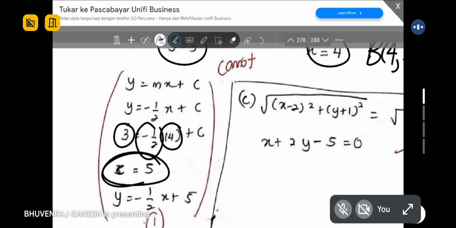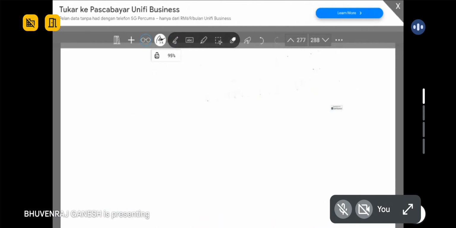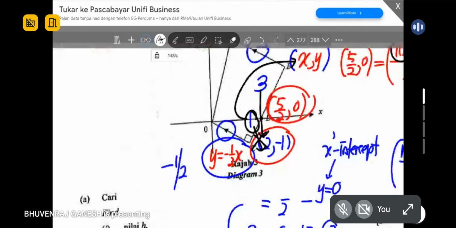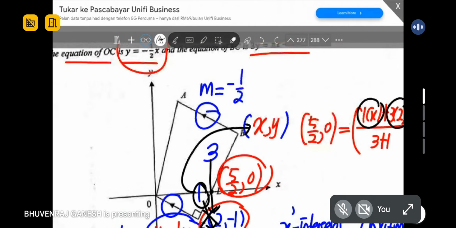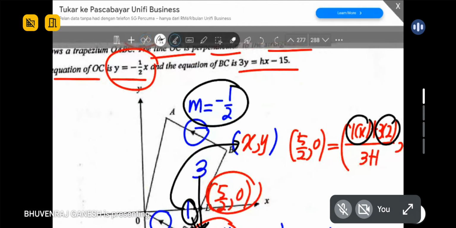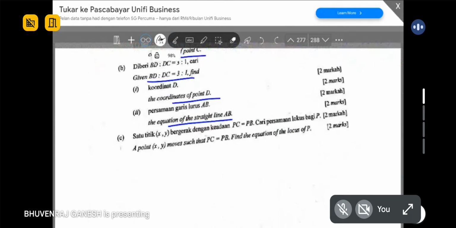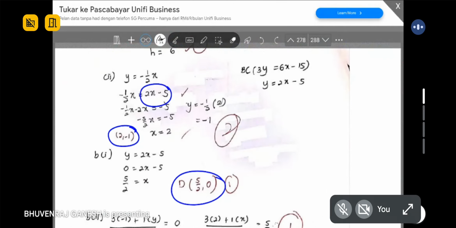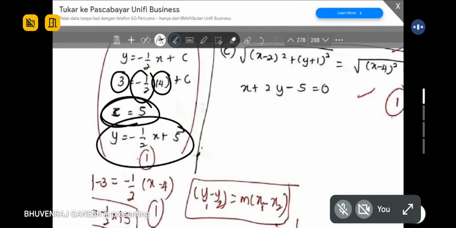Your gradient, keturunan, is negative half. You found earlier, negative half gradient, because parallel. Can you see that, guys? AB punya gradient is negative half, just because selari. So you guys can tulis jawapan dia. Persamaan garis lurus. This is your answer.